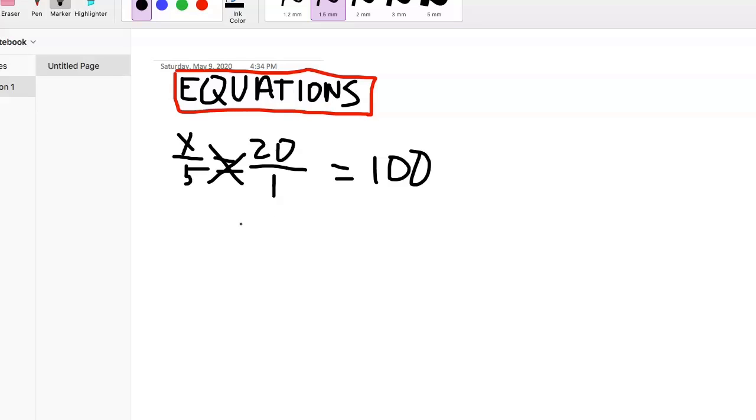Pretty simple, huh? If we do something pretty similar. Let's say x over 3 equals 25. You're going to do exactly the same thing, right? 25 over 1.